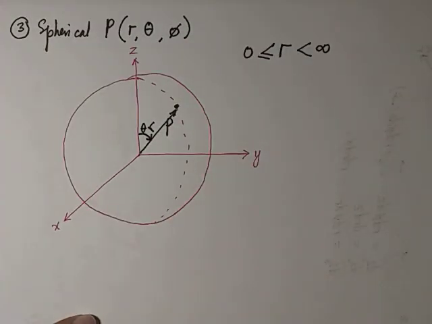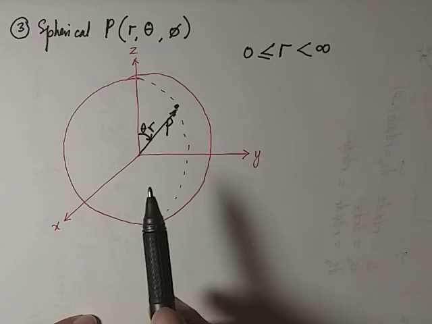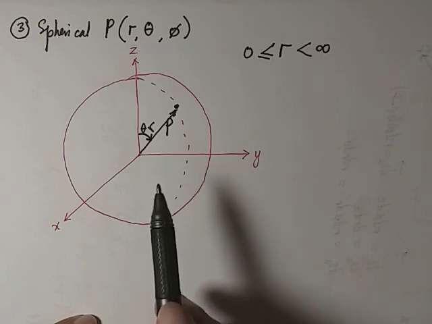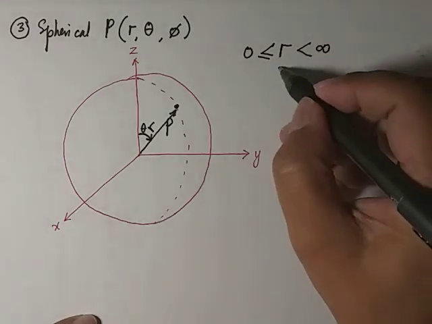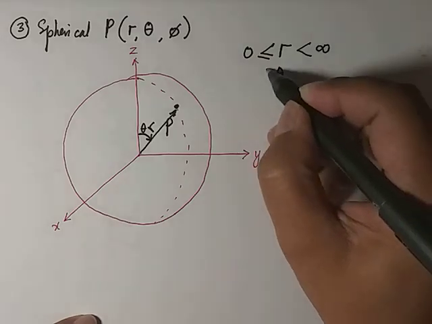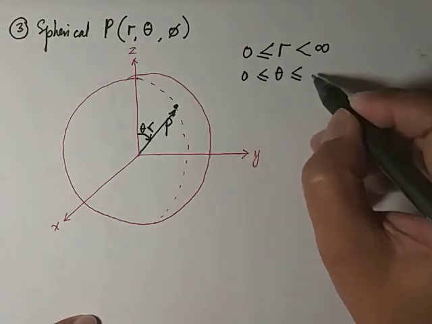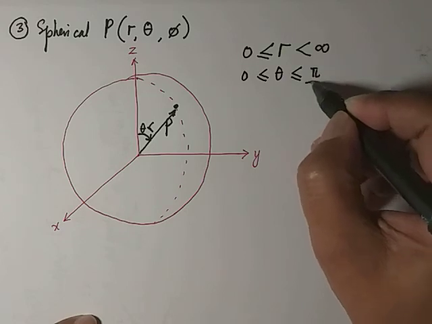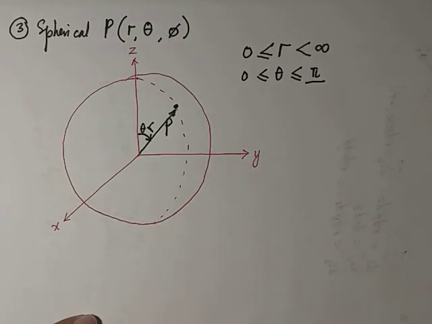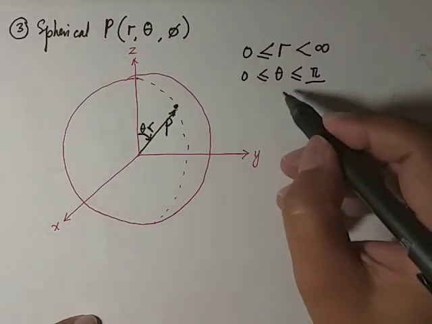Okay, so the reference should be the positive z-axis, and you move along the longitudinal line until you arrive at the radius of P. And there, theta is defined as from 0 only up to pi. So it cannot be 2 pi, it's only up to pi.